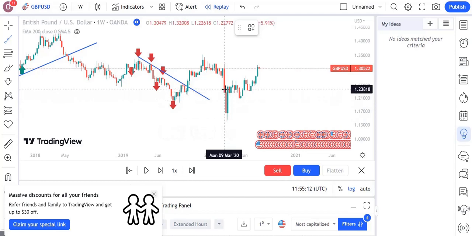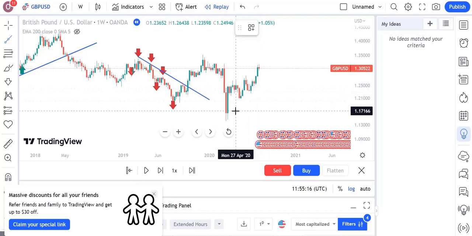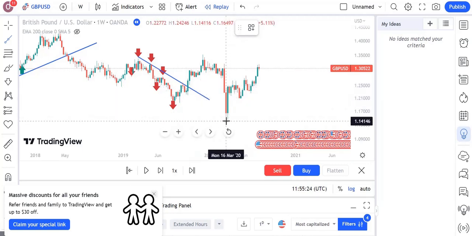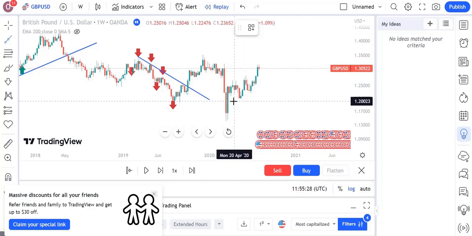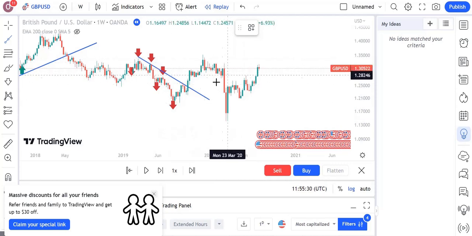That's the best tool to draw your trend line. Now that being said, you've known your price action pattern, how to spot your higher highs and higher lows, and lower highs and lower lows. Very simple.